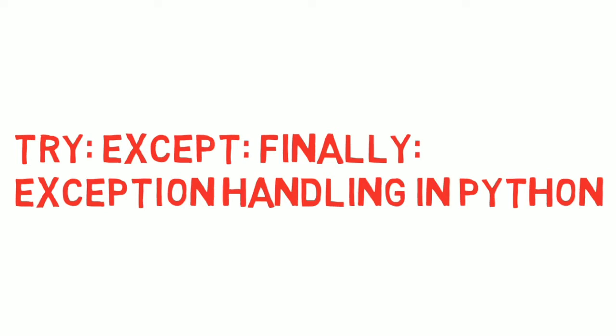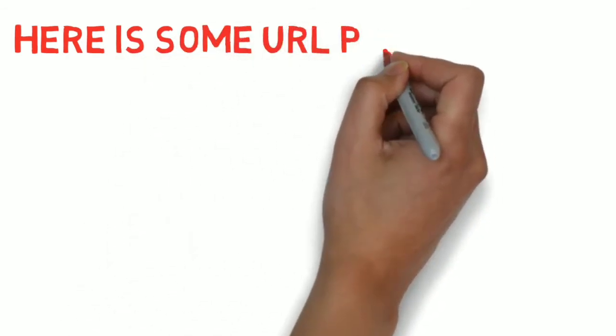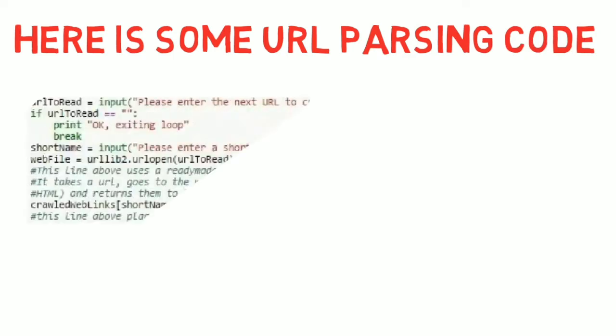Try, except, finally. These are the keywords that you can use to do exception handling in Python. Let's go through what they mean one by one. Here's a block of code that you might write in a general way if you are trying to parse a URL.